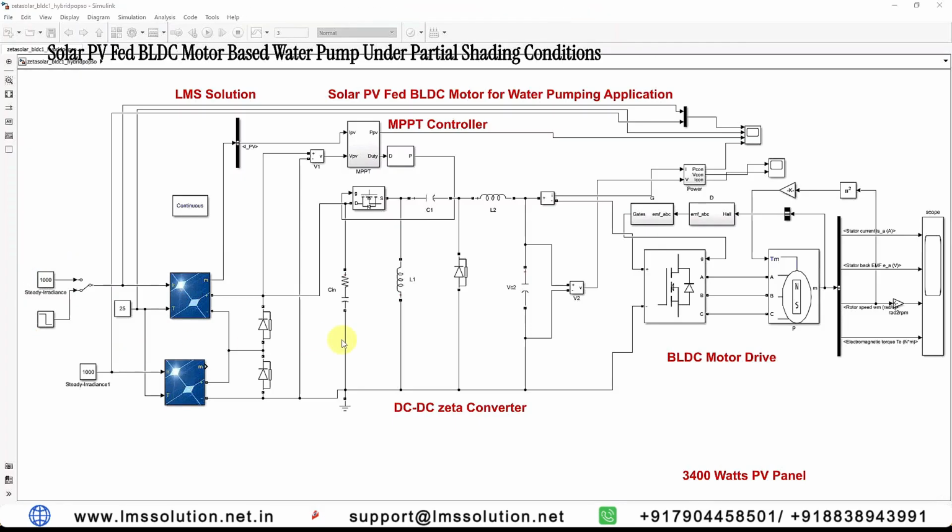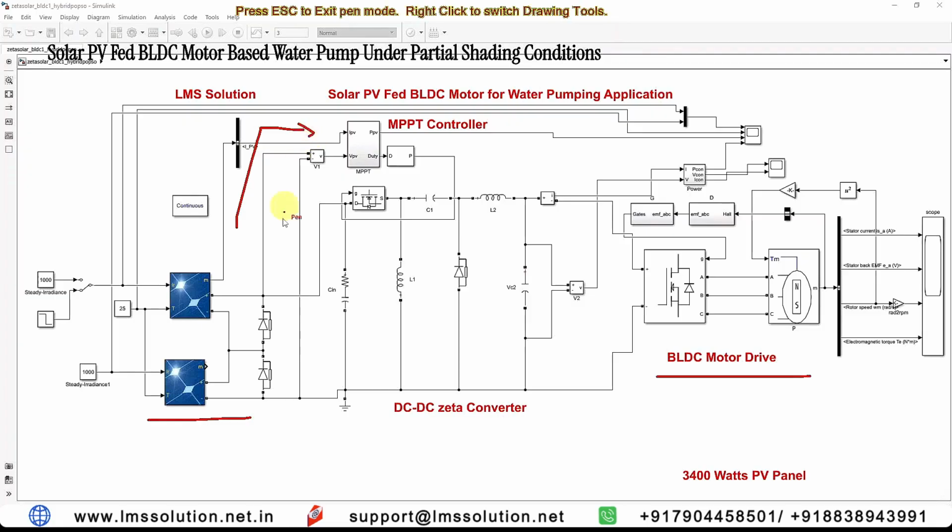Here we have used a Zeta converter between the BLDC motor drive and the PV panel. The Zeta converter can operate in both modes, the buck mode as well as the boost mode. Here we measure the PV panel voltage, the voltage across these two panels, and this is given to the MPPT algorithm.